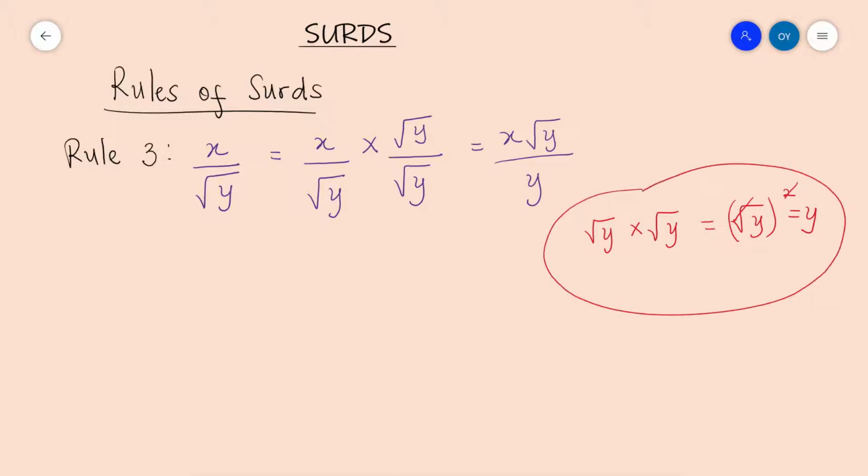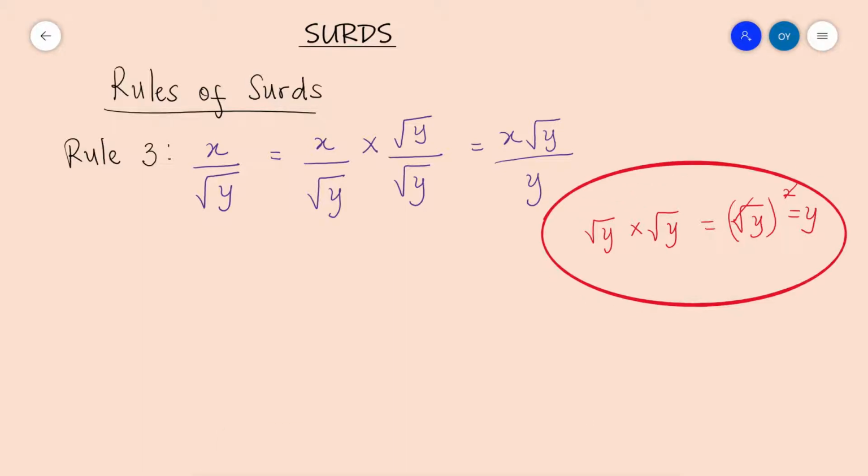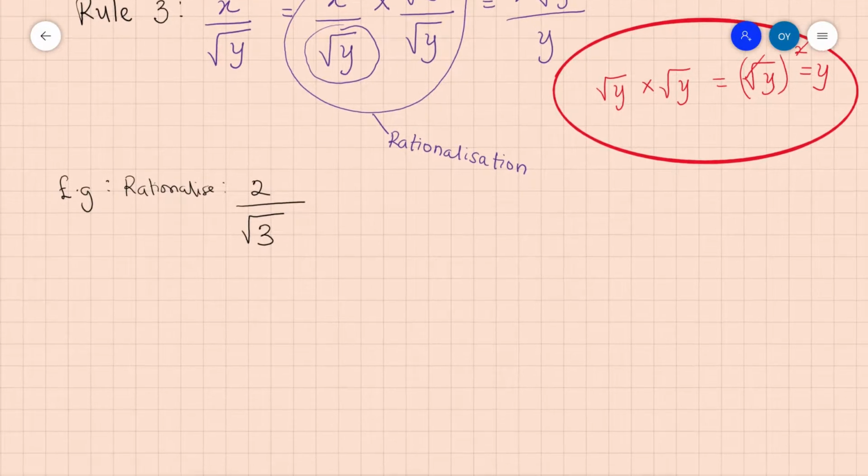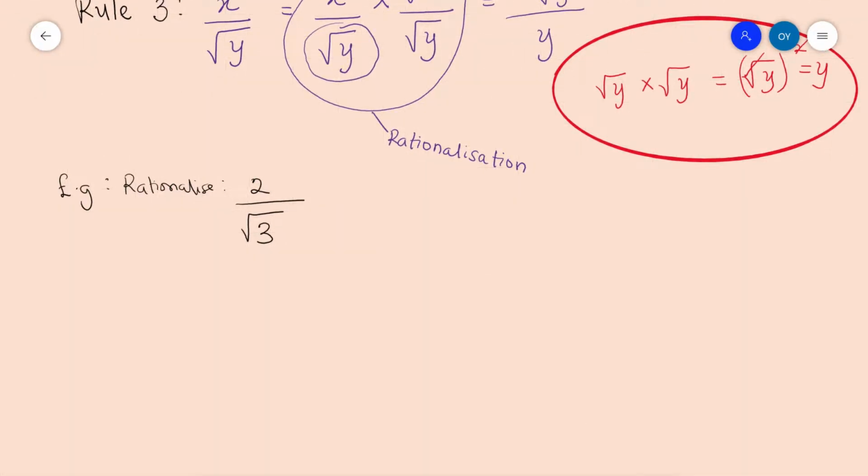Okay, so what we have simply done here is called rationalization. An example to illustrate this is rationalize 2 over the square root of 3. So what we do here is to multiply both the numerator and the denominator by root 3.